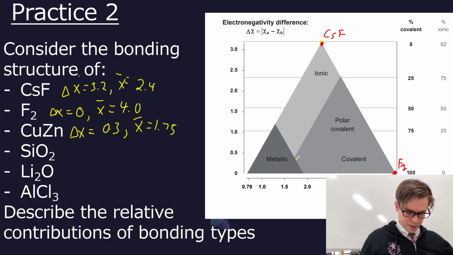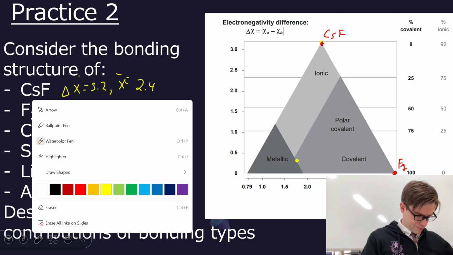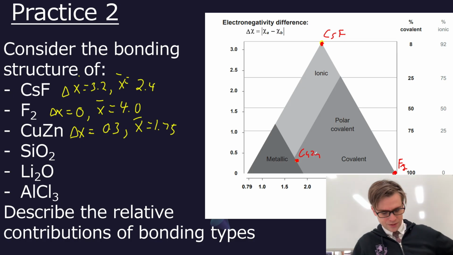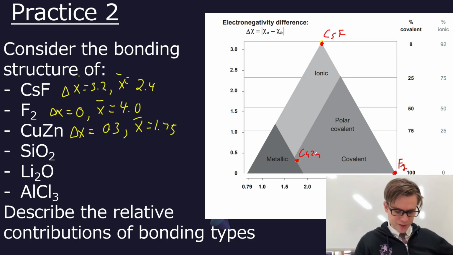So I think we're right around here. Copper zinc mixture. So that's going to be metallic, but with significant covalent character. Probably, yeah, kind of in the middle.